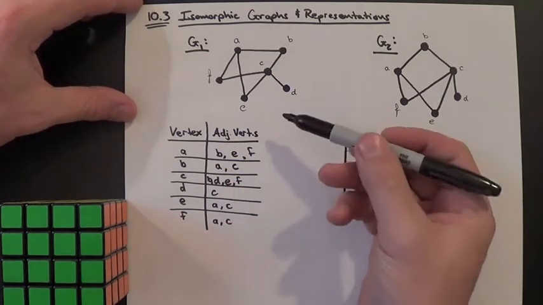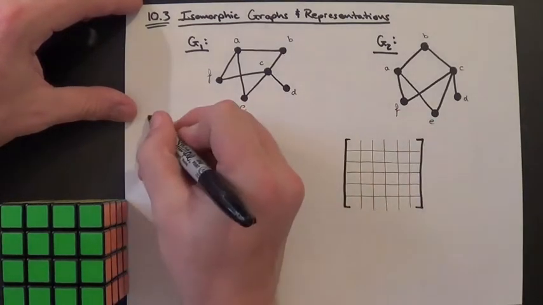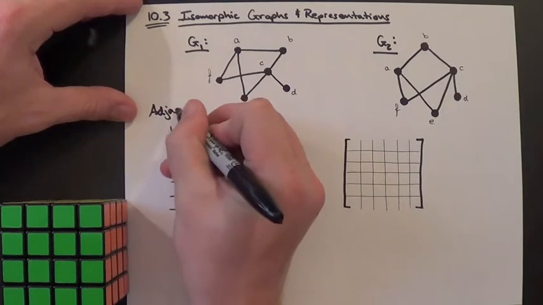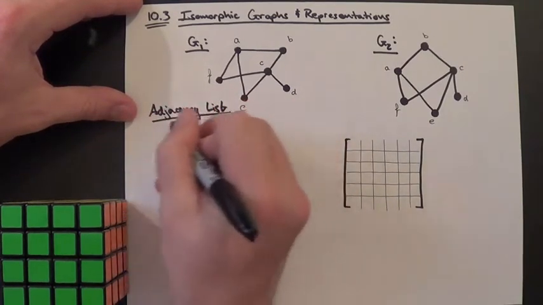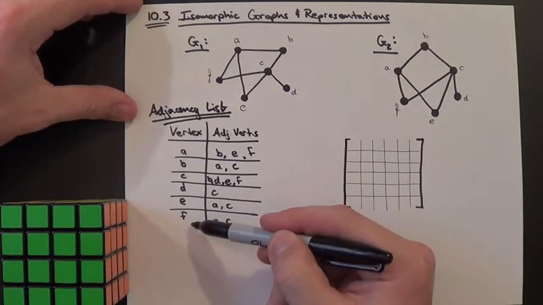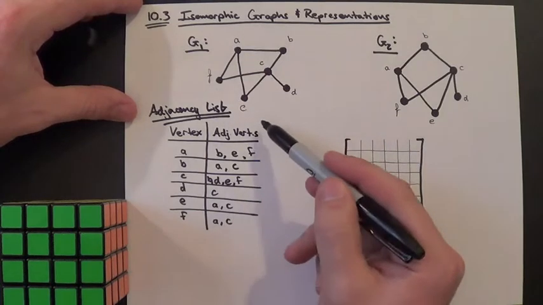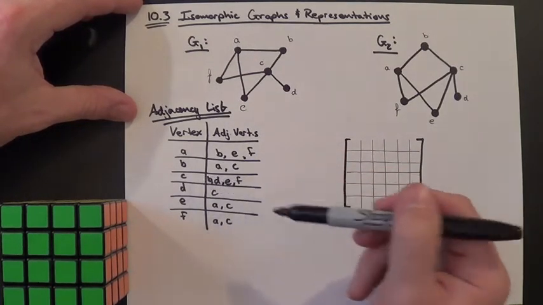Okay. Right here is an adjacency list. It's exactly as it sounds, where we have vertices on the left. Every possible vertex is listed on the left, and all the adjacent vertices to that vertex are listed next to it.